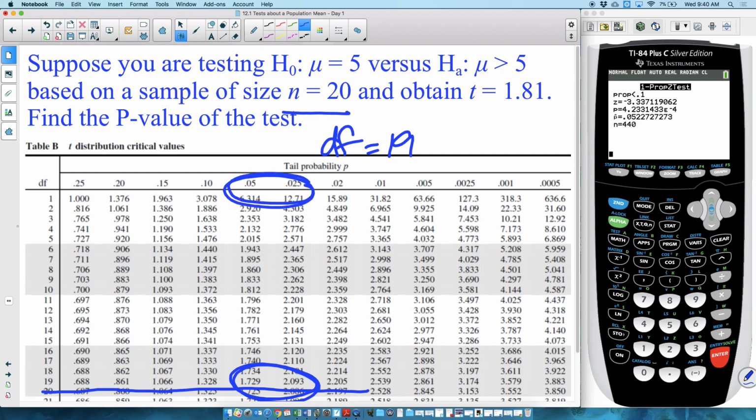So I can't say for sure my p-value is some number like I can if I use my calculator. But I can say for sure that the p-value is between 0.05 and 0.025. So I could say 0.025 is less than my p-value is less than 0.05.